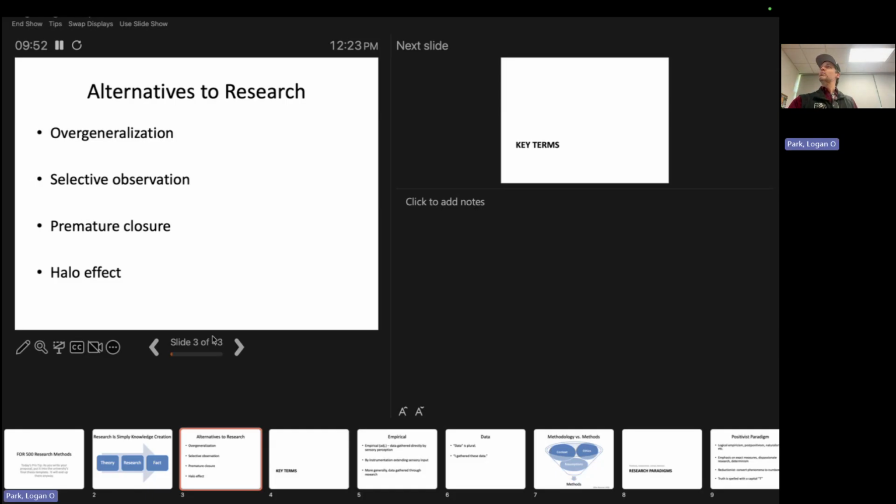Premature closure is similar and related to selective observation, but it's slightly after observation in the process. Observation is the data collection and data inclusion step.